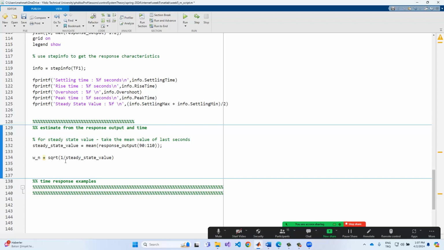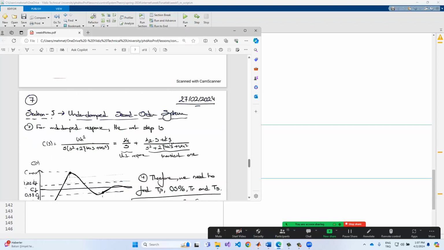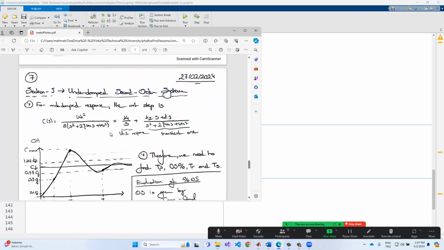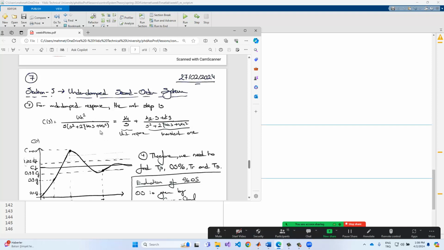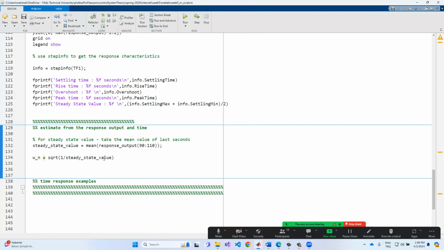This is the calculation of the natural frequency of these terms, because this response yields an underdamped response, which must be equalized to these terms, just like this one. So this Wn squared must be equal to the steady state value, because we equalize these terms to 1, and so 1 divided by Wn squared is equal to the steady state value.